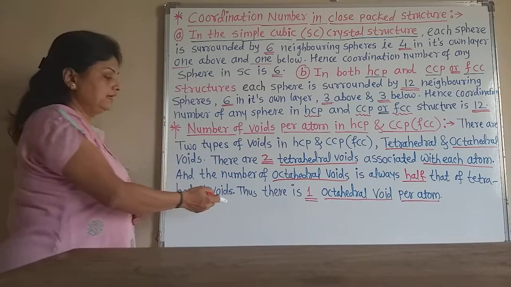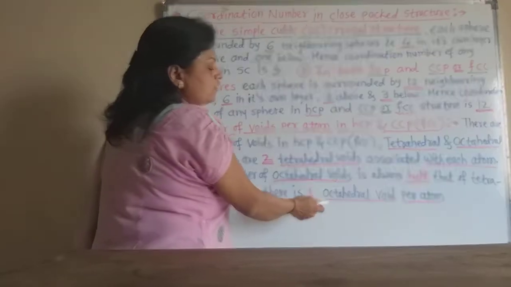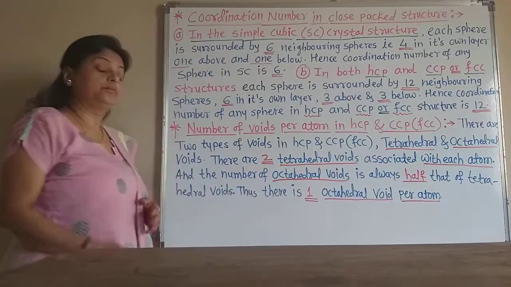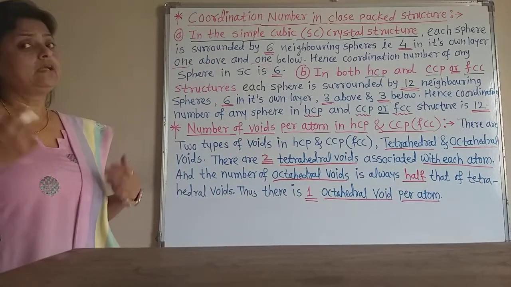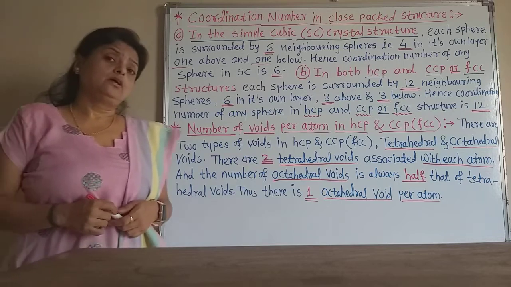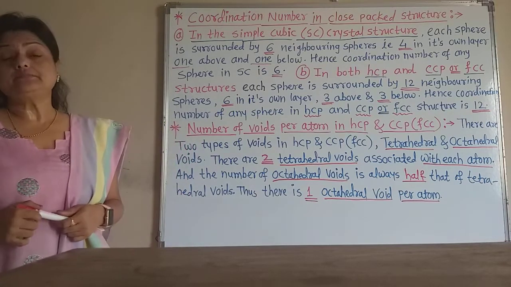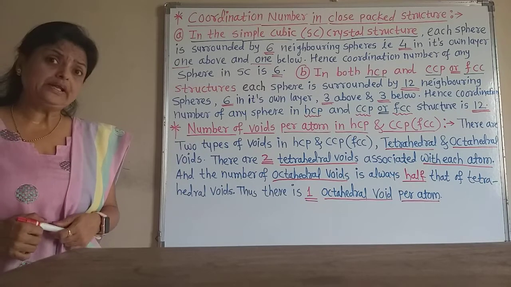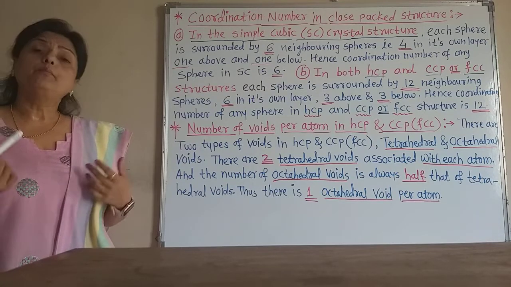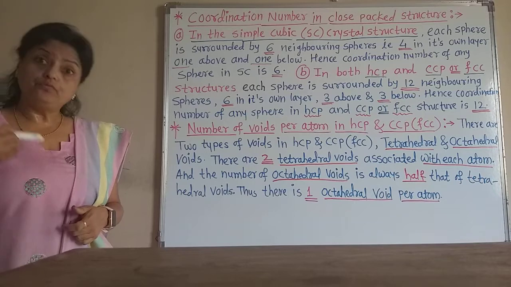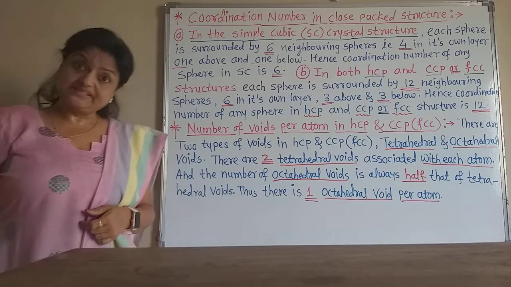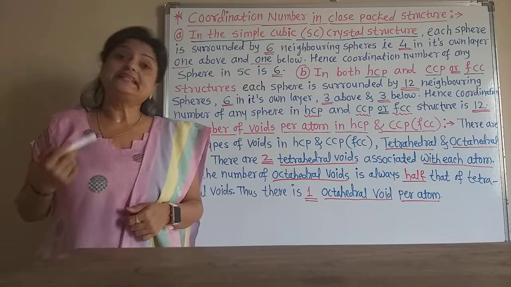So thus there is 1 octahedral void per atom in the FCC or HCP cubic close packed structures. In this way we can calculate the number of voids according to the presence of atoms in that unit cell.